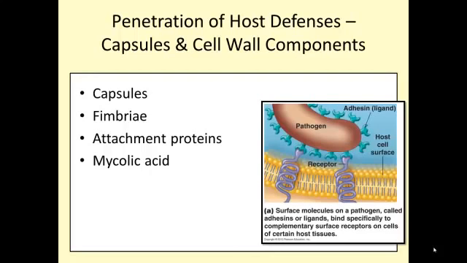If it's not a fimbriae, then it would be attachment proteins or adhesins. Well, the way that the pathogen gets past host defenses is to only produce these when they're needed. Okay, so say for example, E. coli only produce fimbriae for attachment when they're in the human gut. They don't produce them elsewhere.